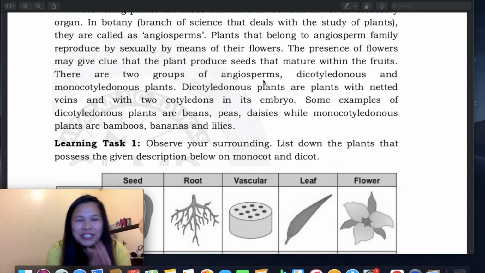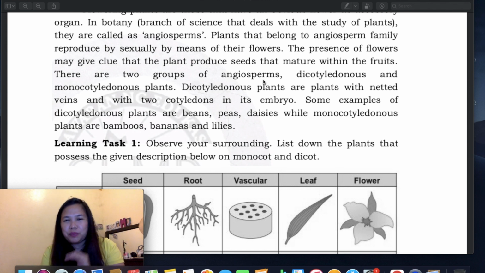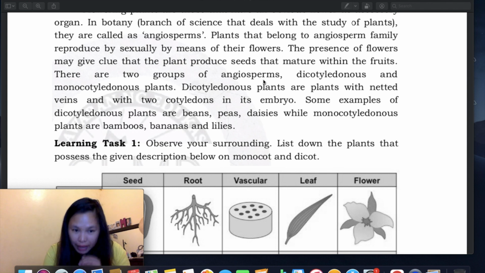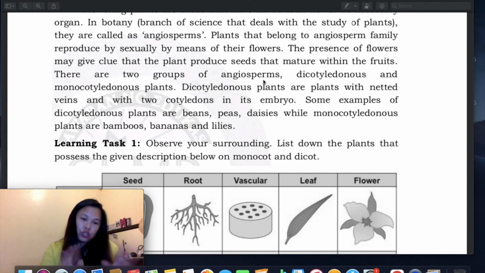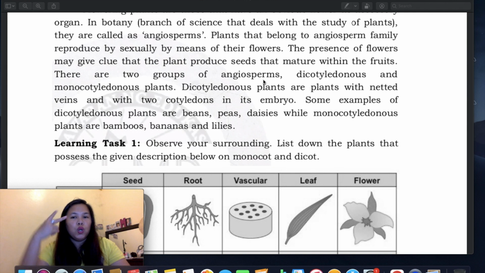So, there are two groups of angiosperm, dicotyledonous and monocotyledonous plants. Okay, ito ay mga Greek words na, so, hirap ibigkas. Pero ang may short term naman tayo dyan. Dicot, monocot. Okay, when we say dicot, 2 seeds.